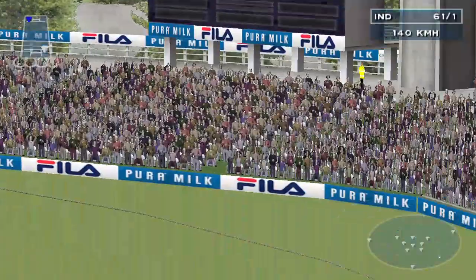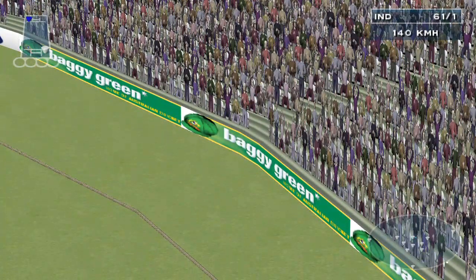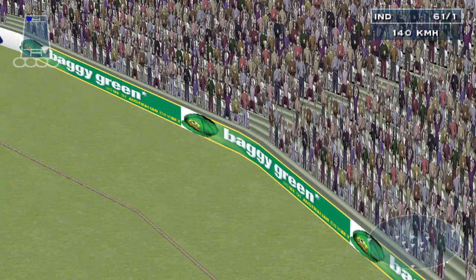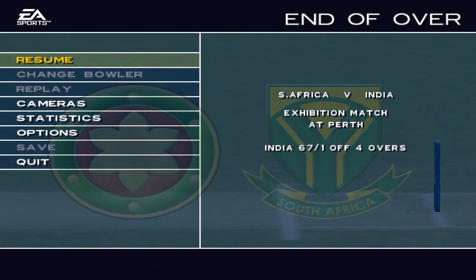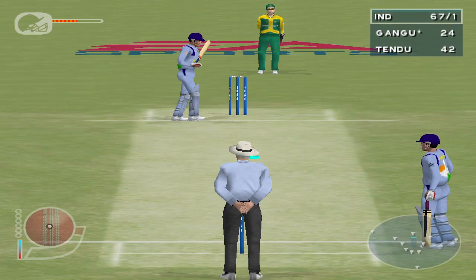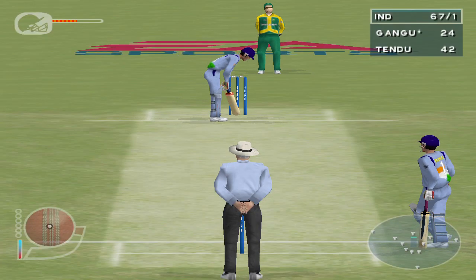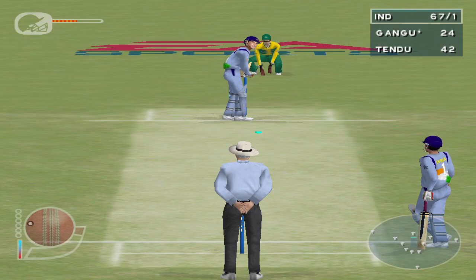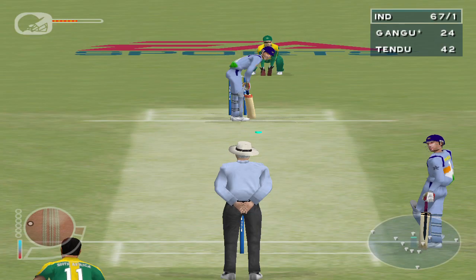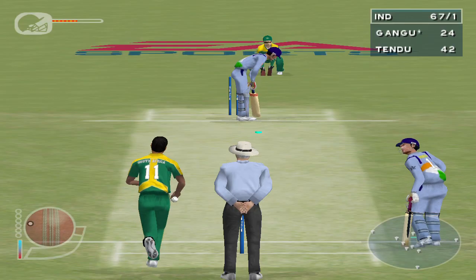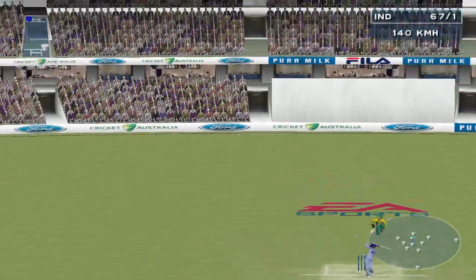That's over the rope. 6 runs off Nel. That's the way to do it. Get to the pitch of the ball and hit straight through the line. 6 runs. 17 runs came from that over for India. Run.